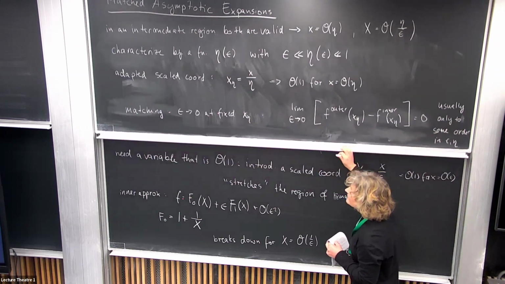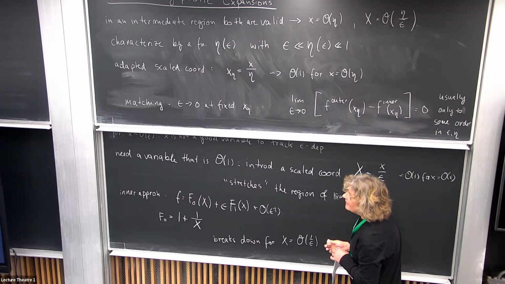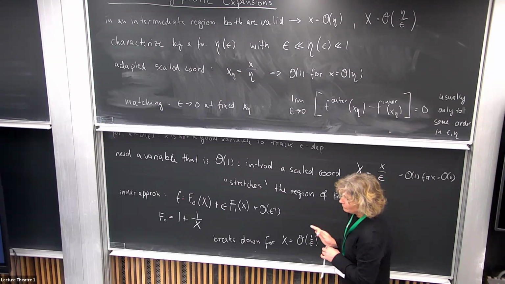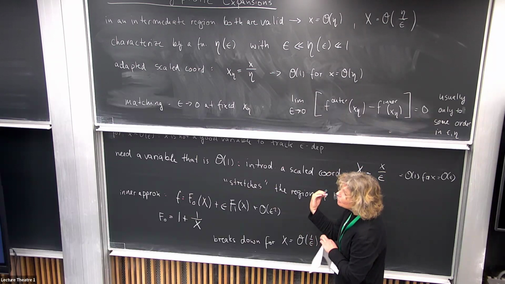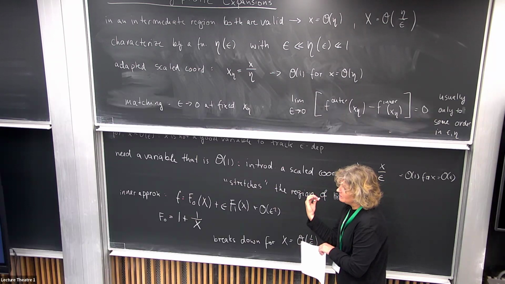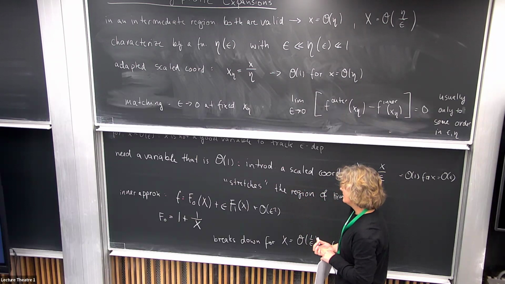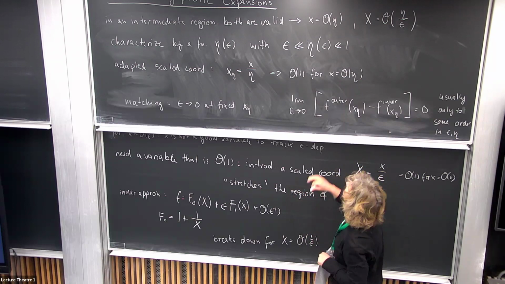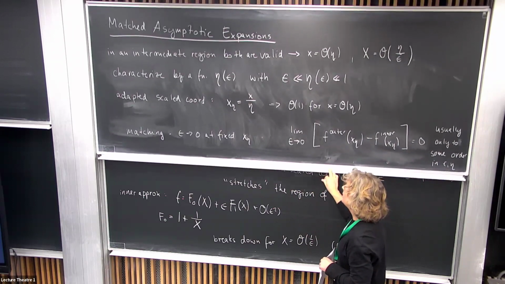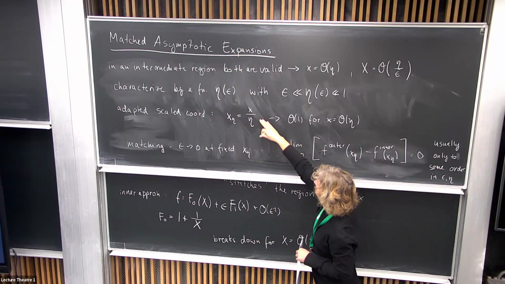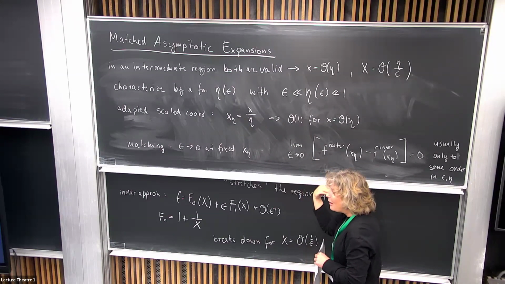Can you always systematically make that match to the order you want of precision? Well, if an overlap domain exists, then if you include higher order terms, you should be able to match. That's by definition of the overlap domain existing. But you have to be really careful, because if higher order terms depend on x in some strange way, you introduce more dependencies on eta, which is supposed to be small.